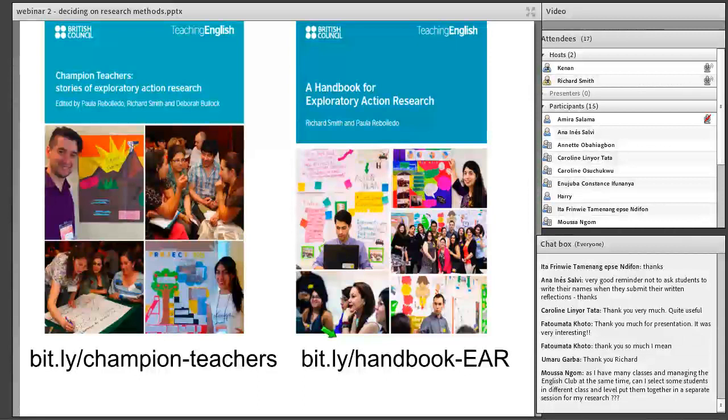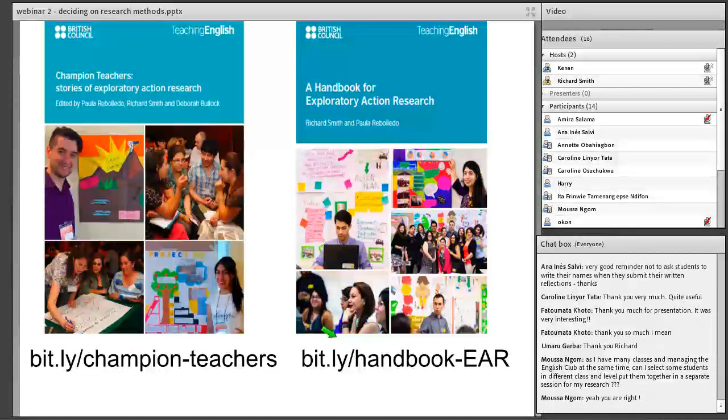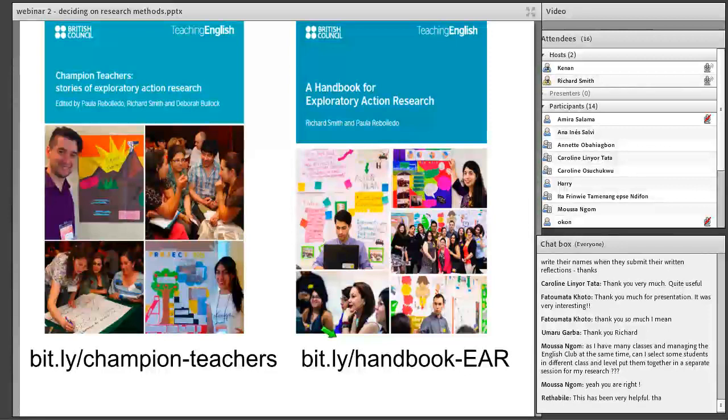But just seeing what you've written, it seems a little bit artificial to take students out from the normal class and put them in a separate session. It sounds a little bit like something a scientist might do to experiment on people.